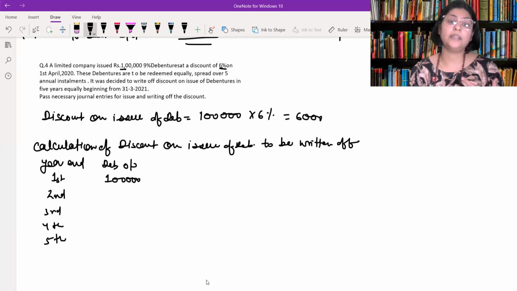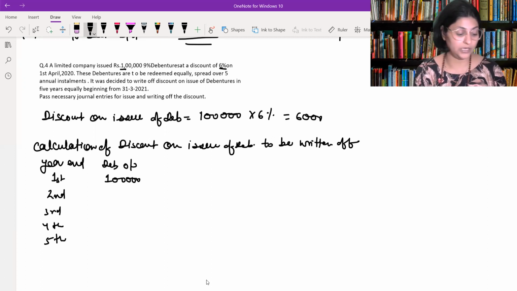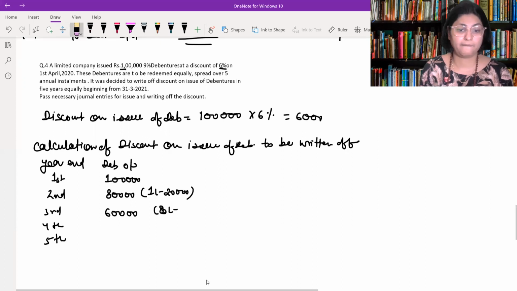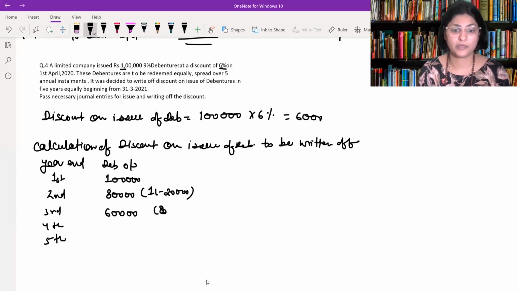Each year 20,000 rupees will be redeemed, because if I divide 1 lakh by 5, it will be 20,000. So here 80,000 will be left, because 1 lakh minus 20,000. Here 60,000 will be left, because 80,000 minus 20,000.